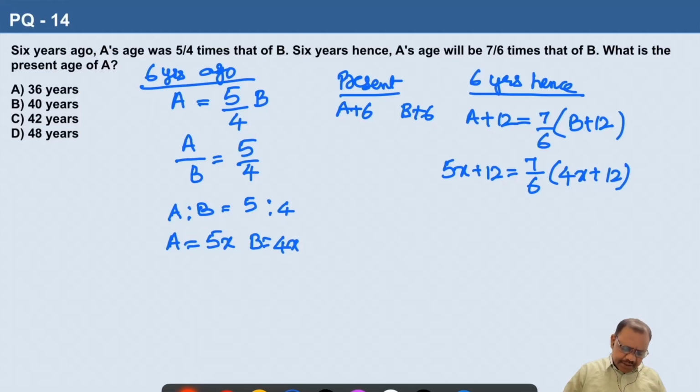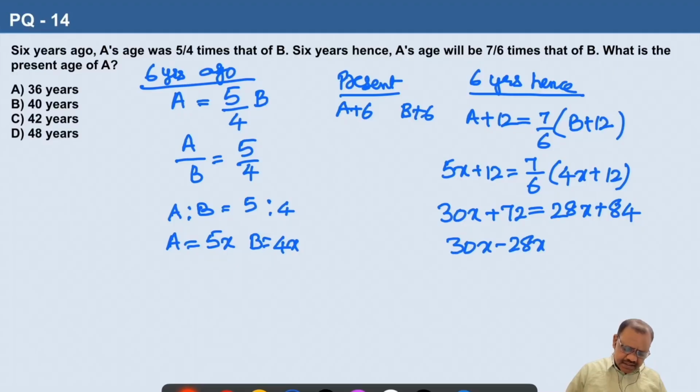On cross multiplication, 30x plus 72 is equal to 7 4s are 28x, 7 12s are 84. Variables to one side: 30x minus 28x, 84 minus 72. That is 2x is equal to 12, x is equal to 6.